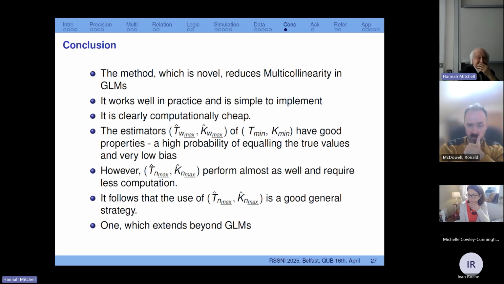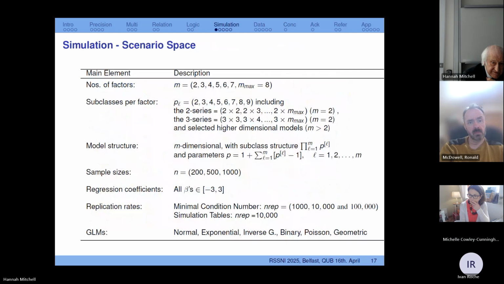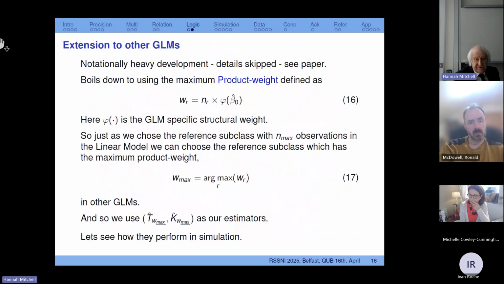Yeah, the low bias. Now, what is interesting is that very often when we are looking at other GLMs, not linear models, for example the logistic we use, this chap here may be near 1.